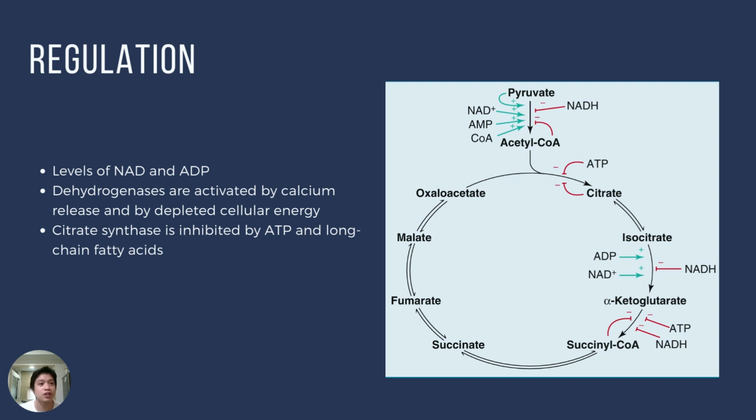So how does the body regulate the Krebs cycle? The first point will be the levels of energy-carrying substances. So high levels of NAD, which means that there are low levels of energy, and high levels of ADP, which means that we have low levels of energy, will both speed up the Krebs cycle.